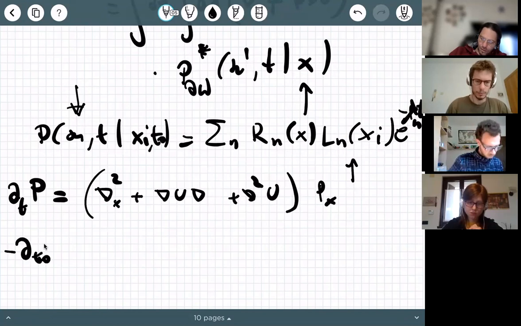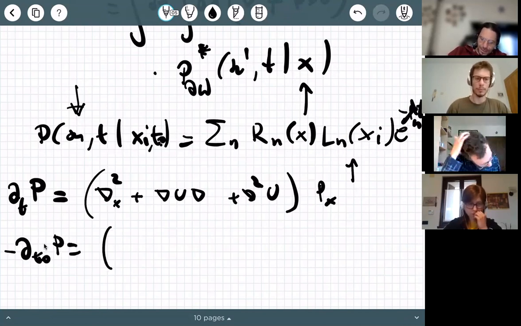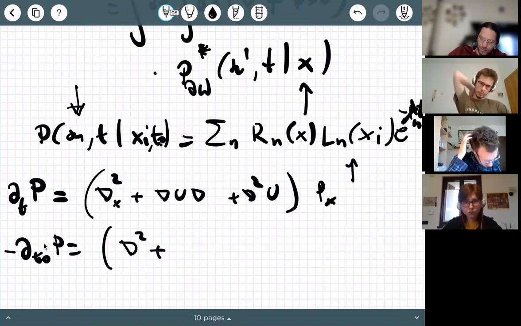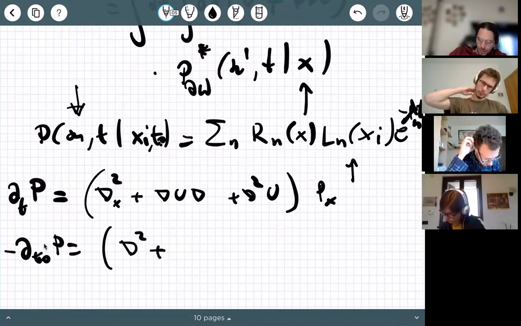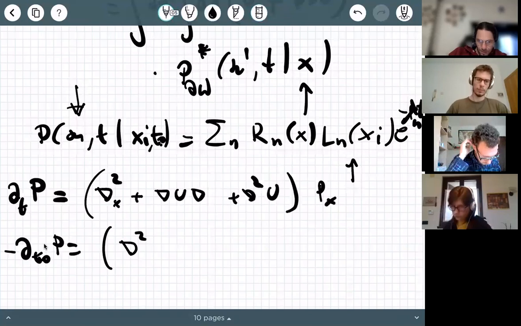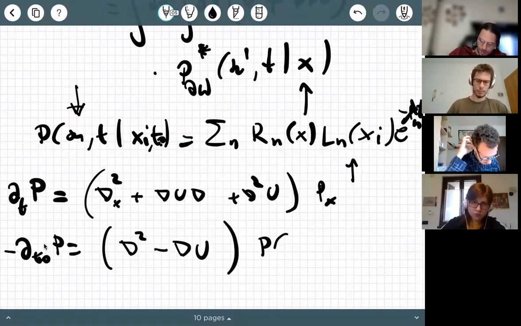so let me call t naught the initial time. If I differentiate with respect to t naught, in other words, I will get the backward Kolmogorov equation, evaluated with respect to the initial condition.